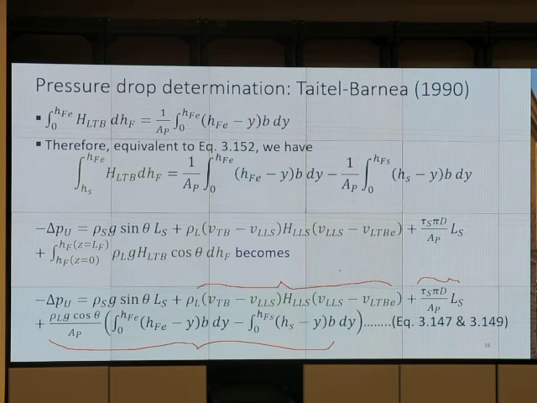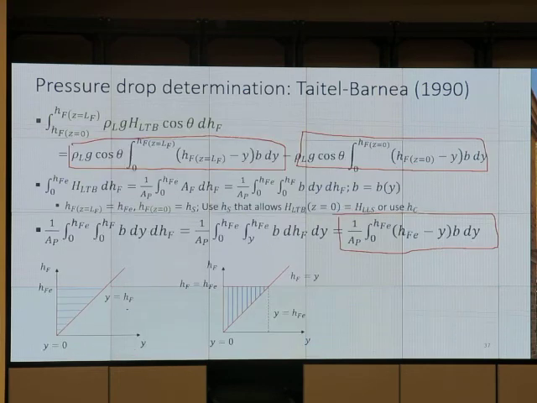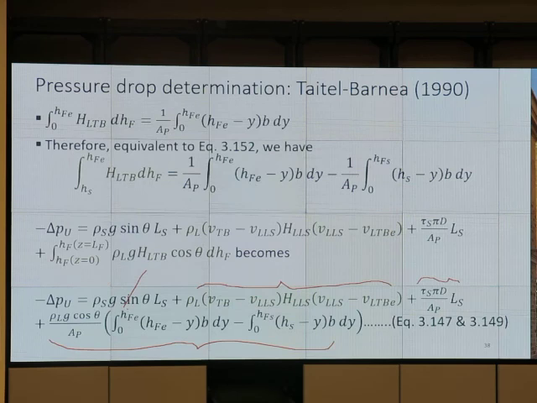If you combine 3.147 and 3.149, is it the same? You just substitute the delta P mix into 3.147. I get the first term from 3.147. The second term, not yet. The third term comes from 3.147, and that term and the rest come from 3.149.